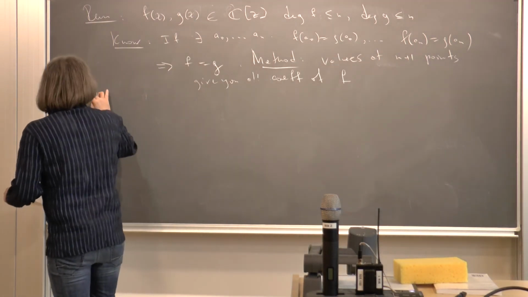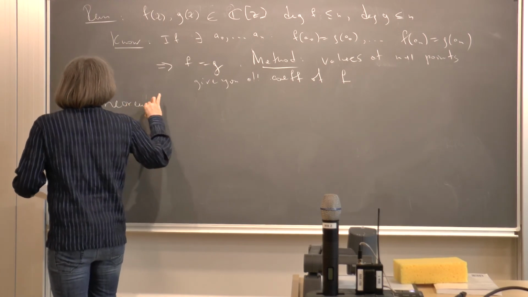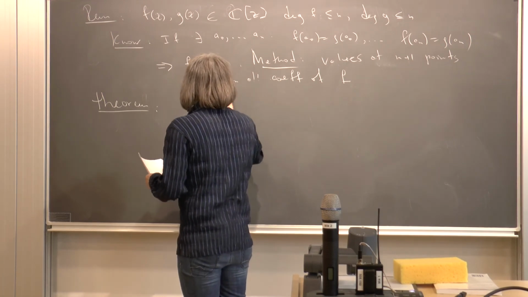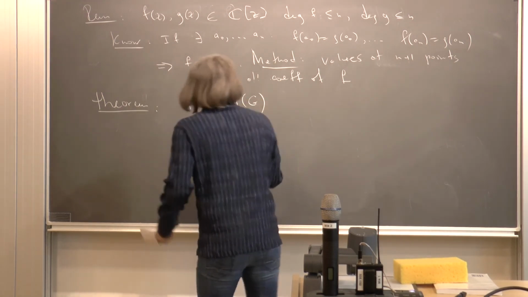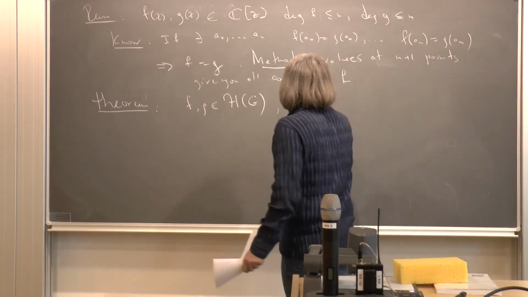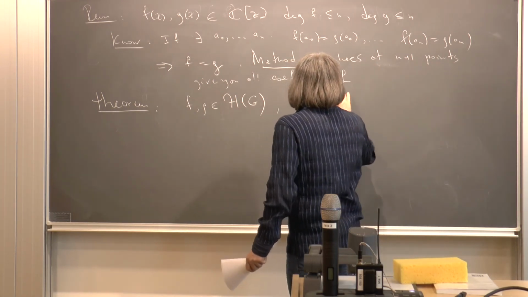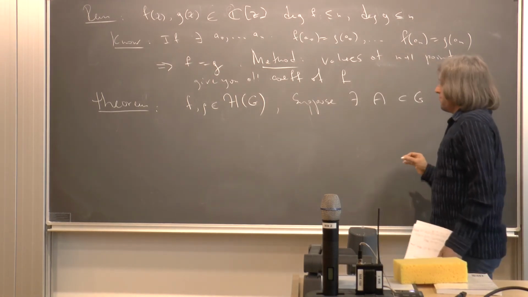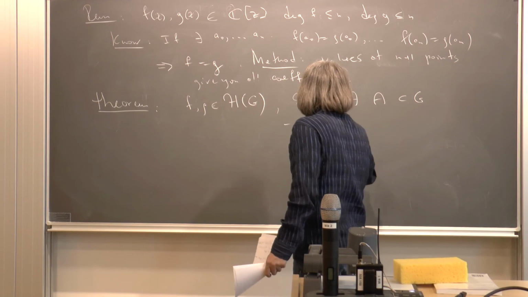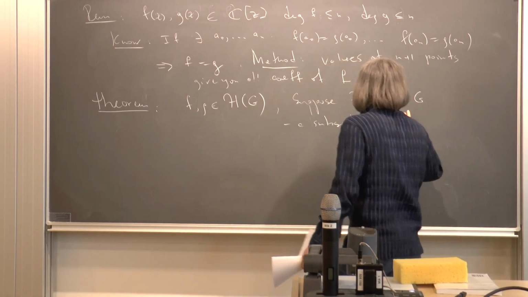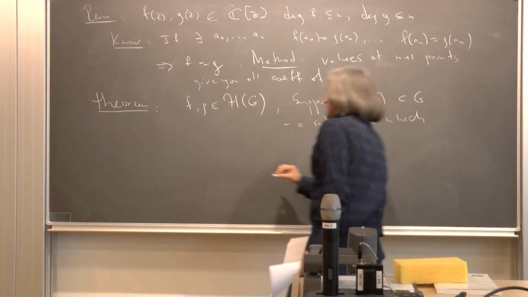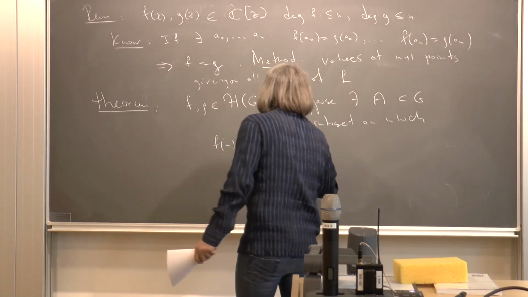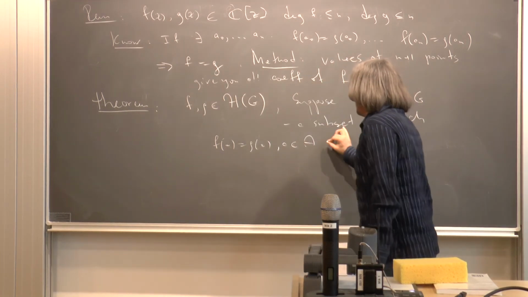So theorem, which is a generalization of this. Suppose we have two holomorphic functions. Suppose there exists a subset A in G on which f of a equals g of a for a in A, and A is not discrete.